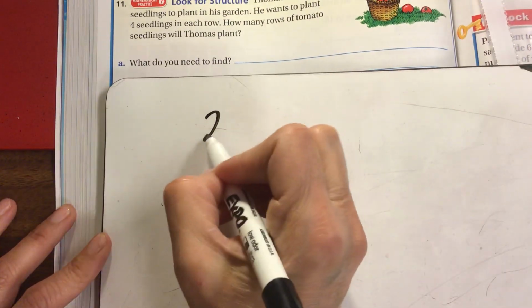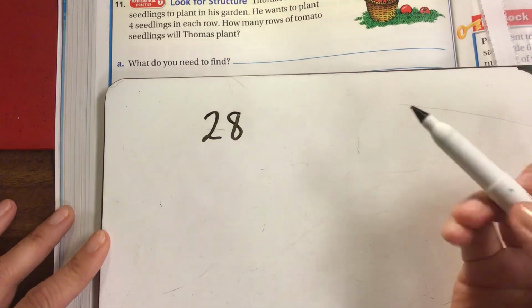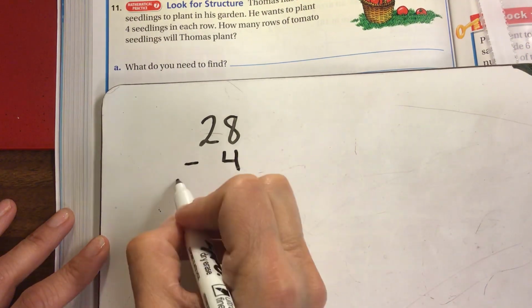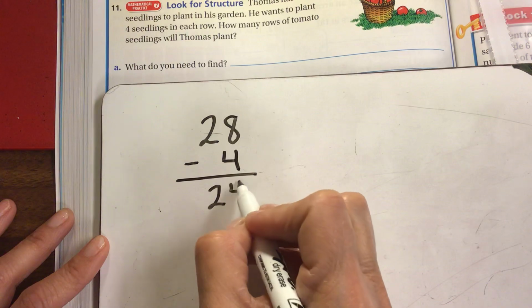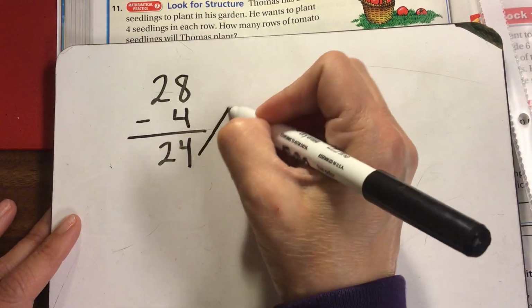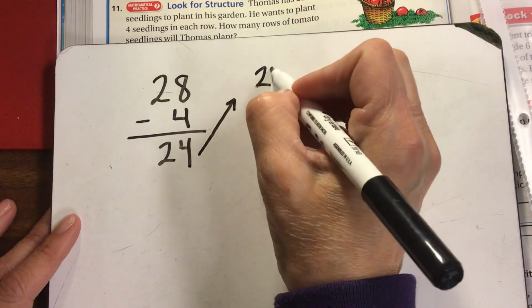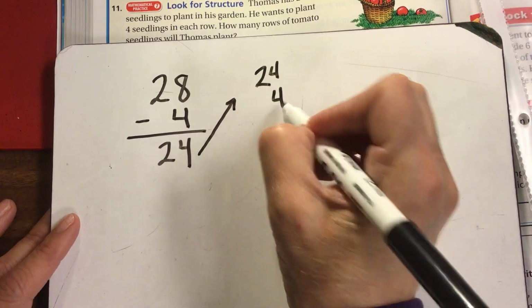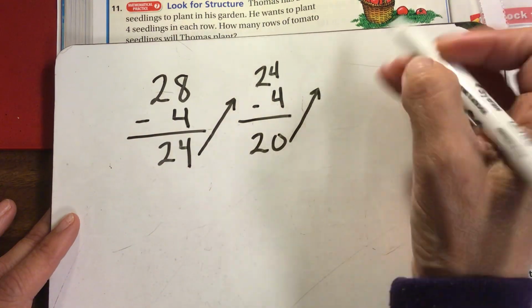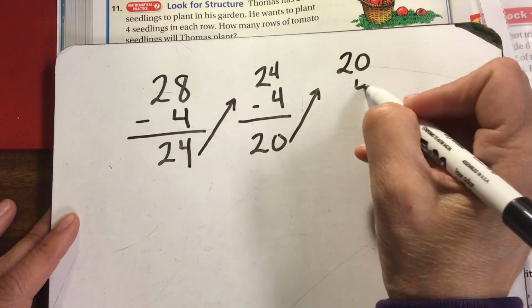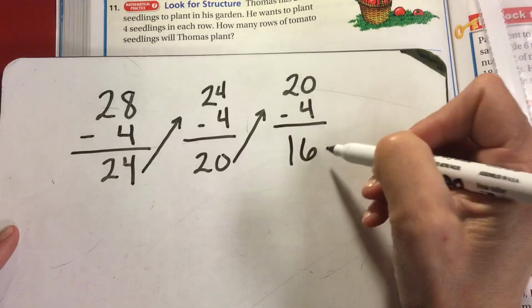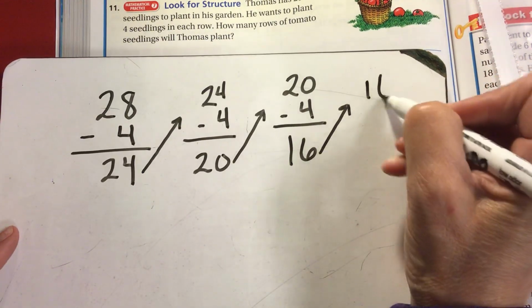You start with however many seedlings we began with for Thomas, subtract 4. Then I'm going to take whatever answer I got and subtract 4 again. You're going to keep subtracting by 4s until you get to 0. Hopefully this looks familiar to you guys.